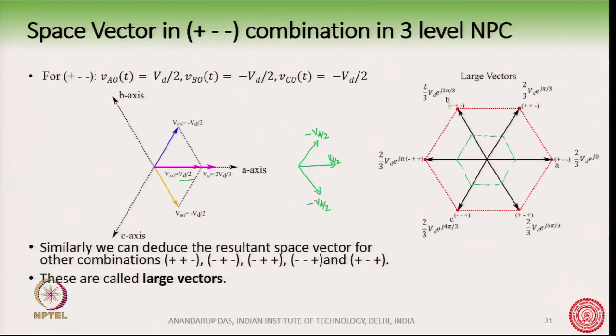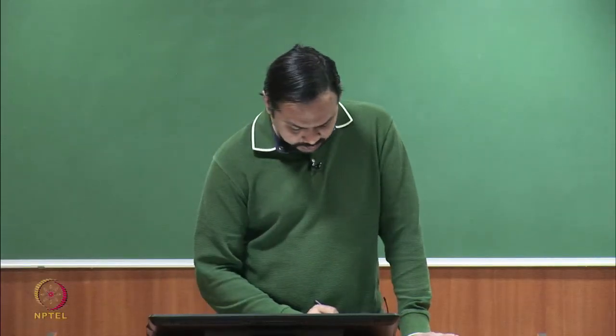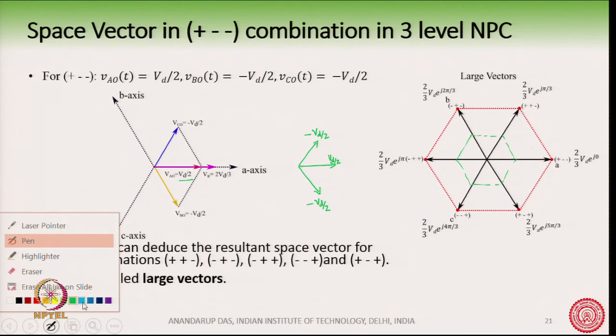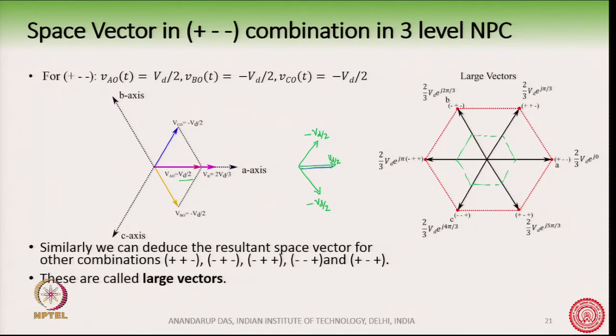If you add these 3, I can write like this here, this and then this and then this. Okay. So, this will give me the resultant Vr, again with a 2/3 multiplying factor, and when you do the multiplication, the magnitude of Vr is 2/3 Vd, of course at 0 degree, 60 degree, 120 degree, 180 degree, 240 degree and 300 degrees.